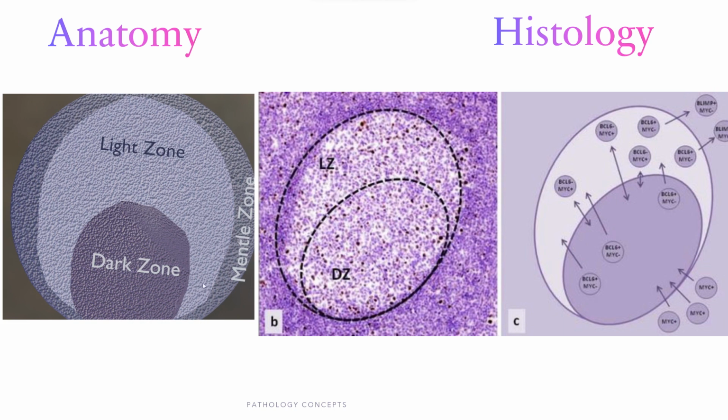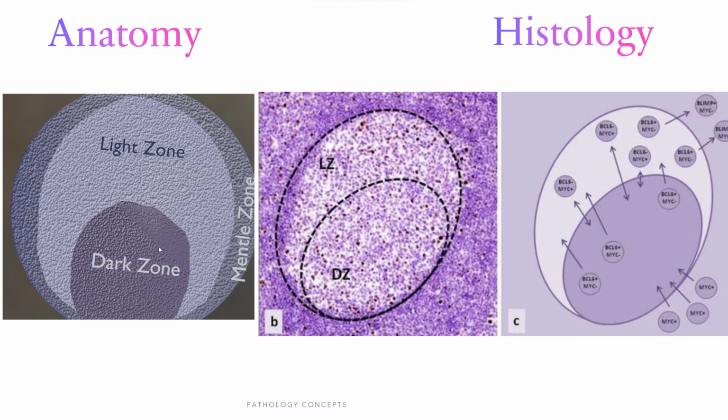The germinal center can be further subdivided into dark zone, light zone and mantle zone. The light zone contains centrocytes which interact with follicular dendritic cells that express the intact antigen on the surface. In the dark zone of the germinal center, the majority of cells are centroblasts.